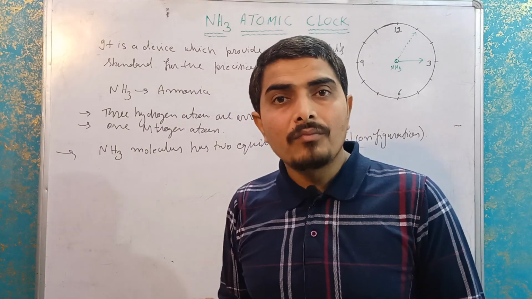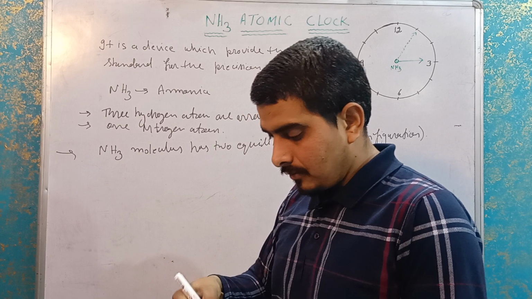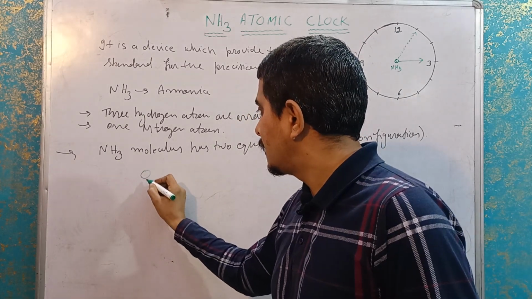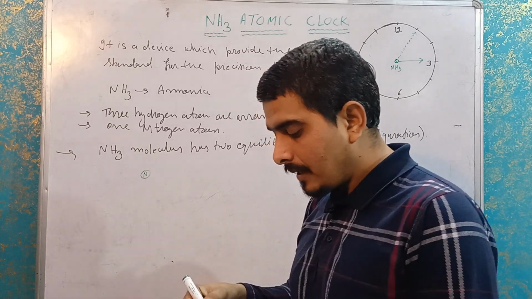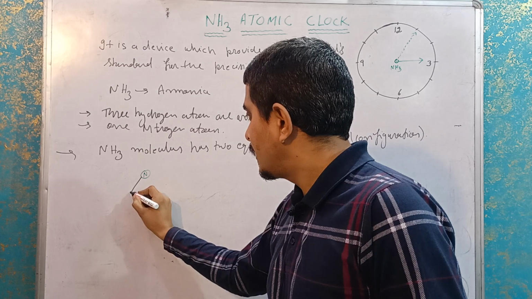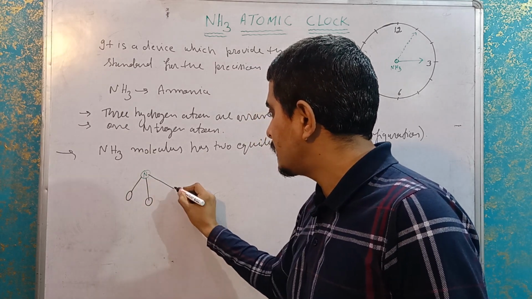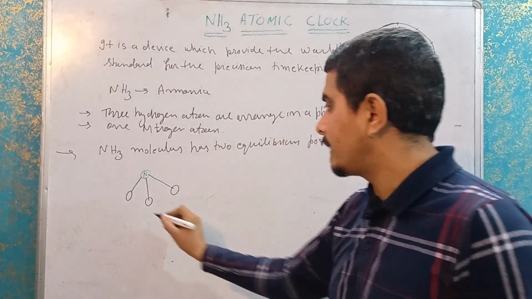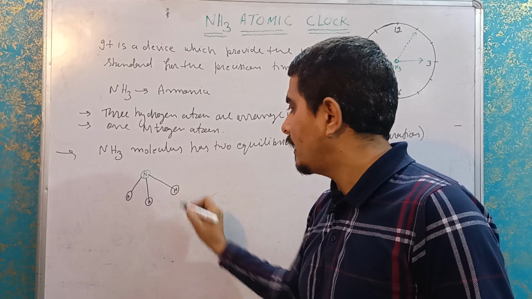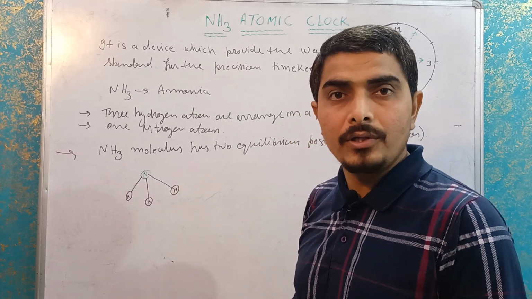Now we draw the shape of the ammonia molecule. This is the nitrogen atom, and the 3 hydrogen atoms are arranged like this. This is a hydrogen atom, this is a hydrogen atom, this is a hydrogen atom. H represents hydrogen. This is one NH3 molecule.